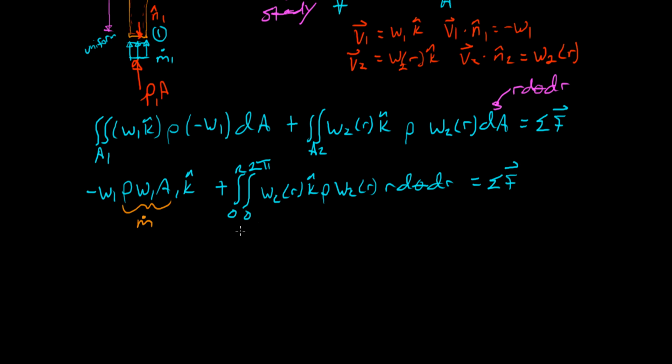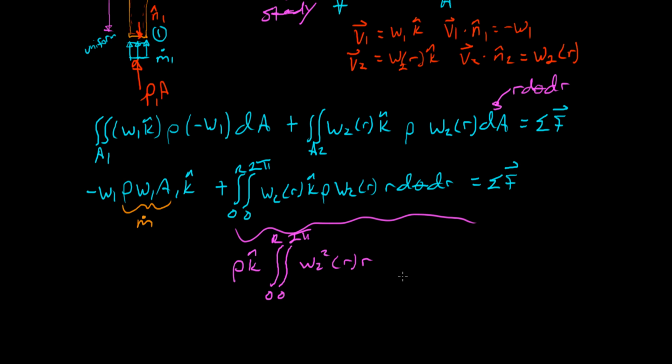So, like as advertised, let's just work on this a minute. Okay, first off, rho and k hat are constants, so I'm going to pull those right out. Rho and k hat, they can come right out. We're left with two integrals here, one from 0 to r, one from 0 to 2 pi of W2 squared. Remember, that was a function of r times r d theta dr.